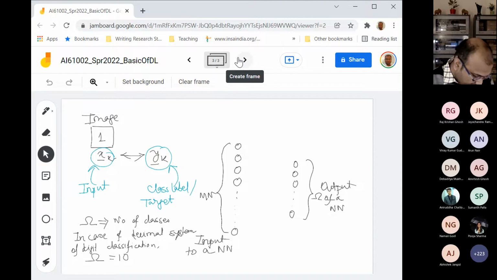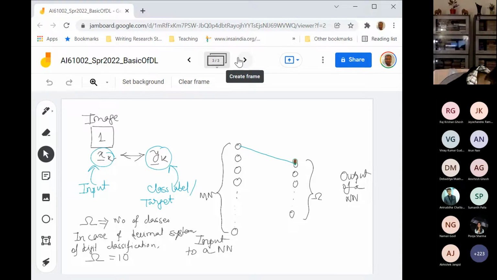Now what I need to do is connect these inputs and outputs. How I do this connection is something like this: I take every single input and connect it with the outputs over here, and I also add another additional factor.